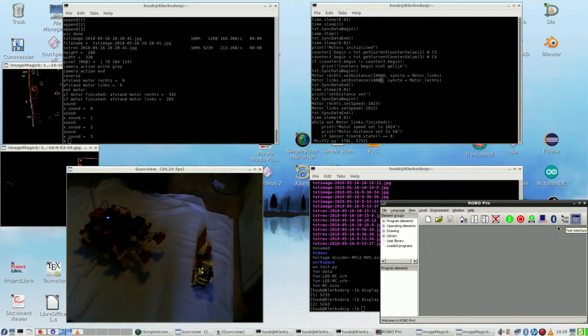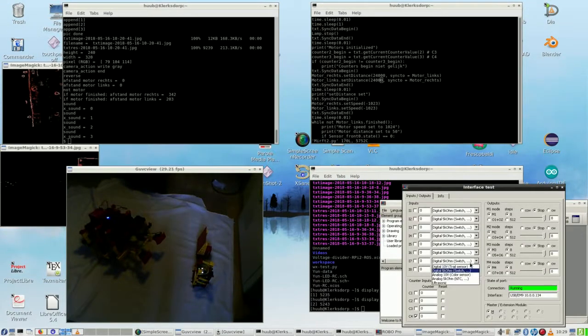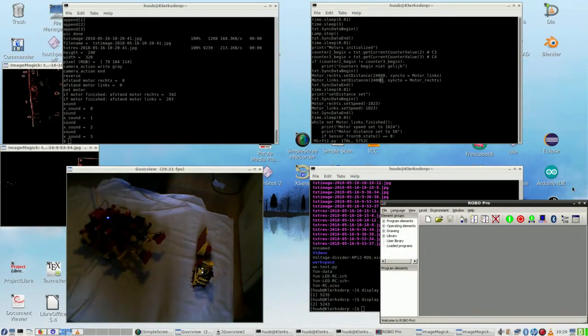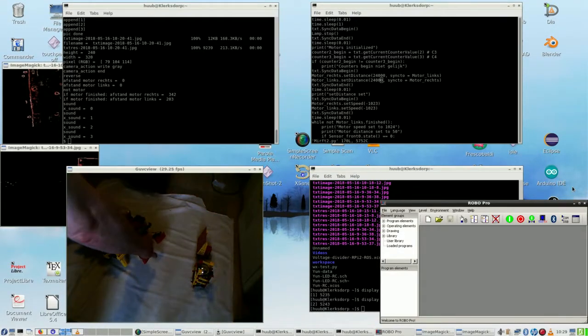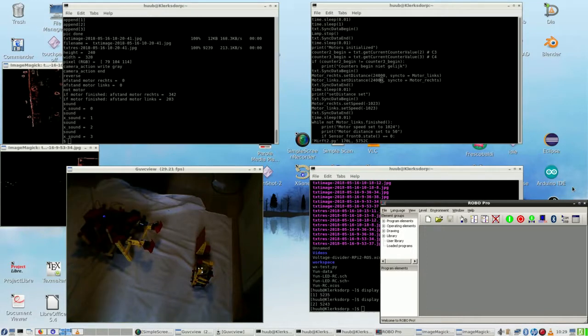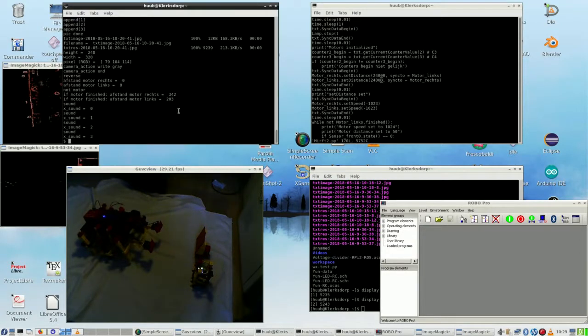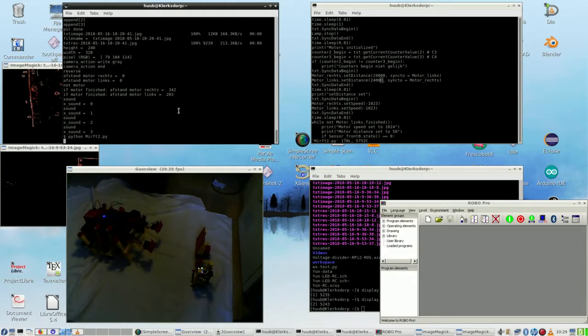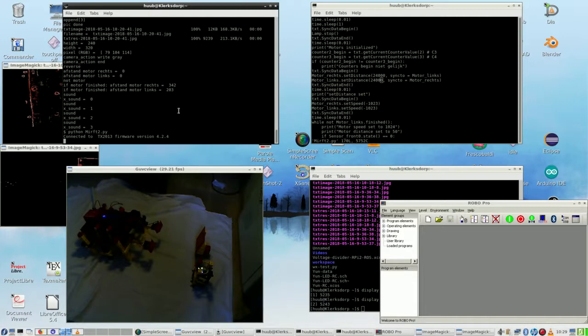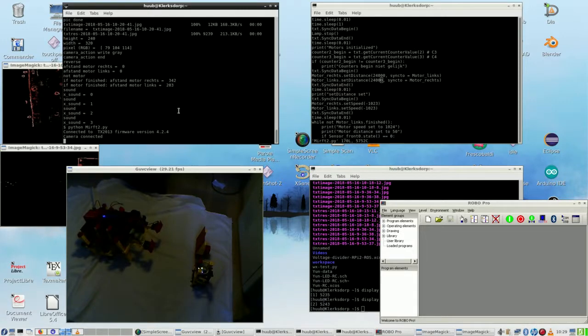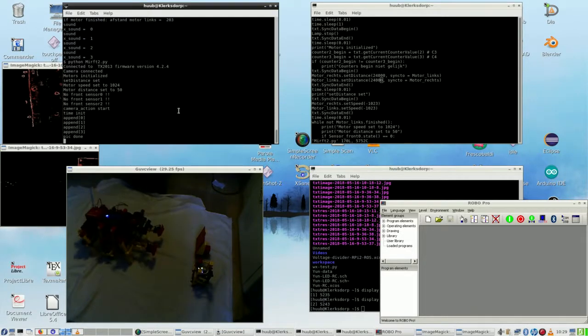How much voltage do I have left? That is 8.8 volts. That's good, very good. So putting this one correct, and let's go. Let's see how long it walks.